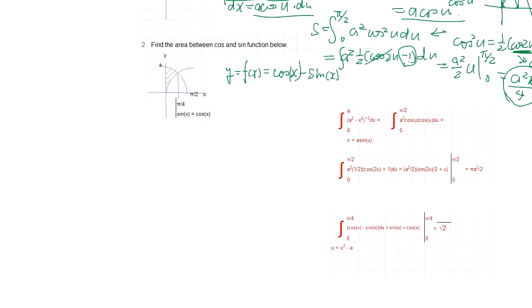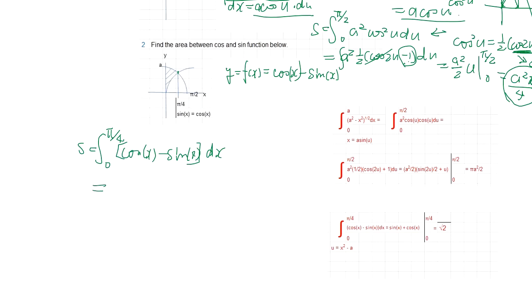So the area is from 0 to pi over 4, because cosine and sine cross at pi over 4, of cos x minus sin x dx, right?